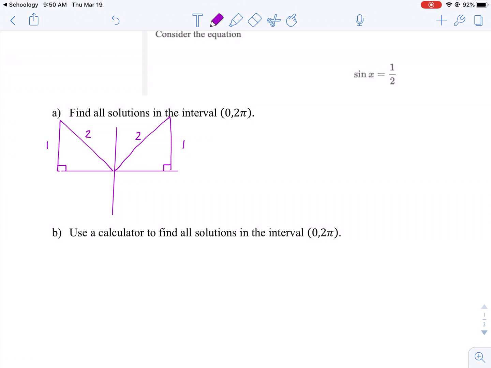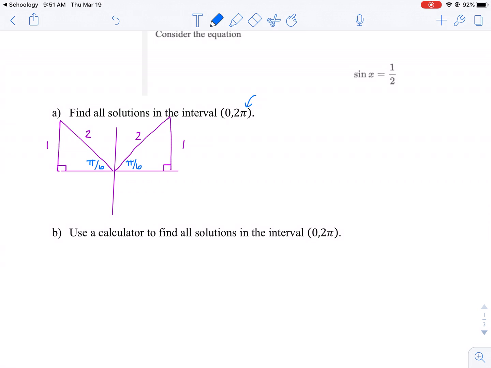I know, based on all my unit circle work, that the angle in between is actually going to be pi over 6. Okay, that should be known. Or you can say 30 degrees. But because we're here talking about pi, we are going to stay in radians. Well, let's find the angles that match this.